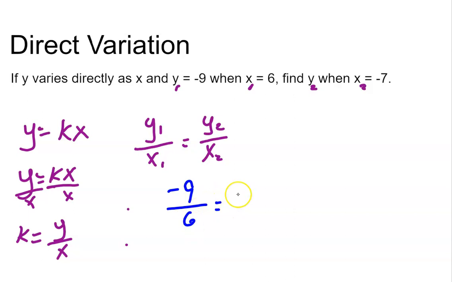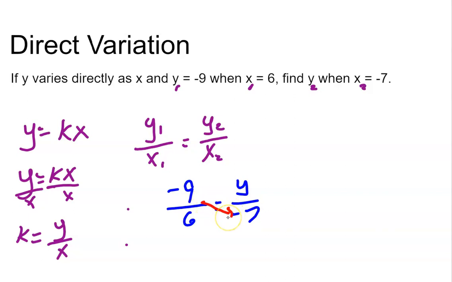And this has to equal y2, which I don't know, so I'm going to find my y when x is -7. So when I have a fraction equaling a fraction, they have to equal each other. So I can use the method of cross multiplication and division.